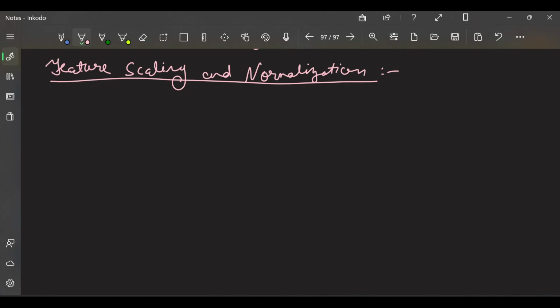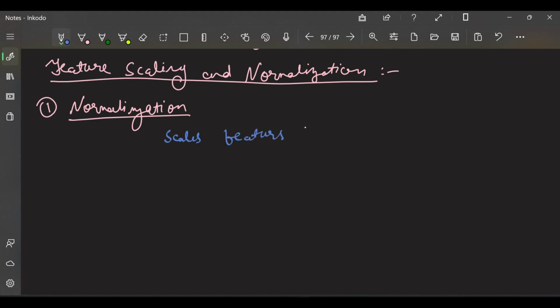We will discuss all the techniques one by one. The first technique which we are using is normalization. What is normalization? It scales the feature in the range of 0 to 1.